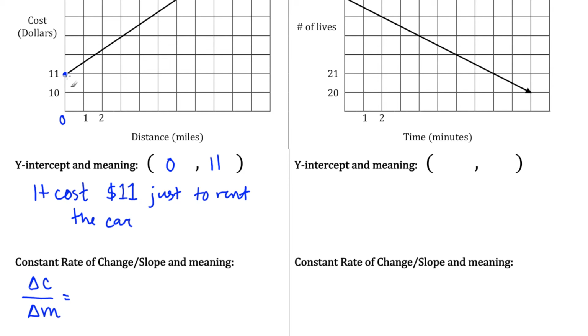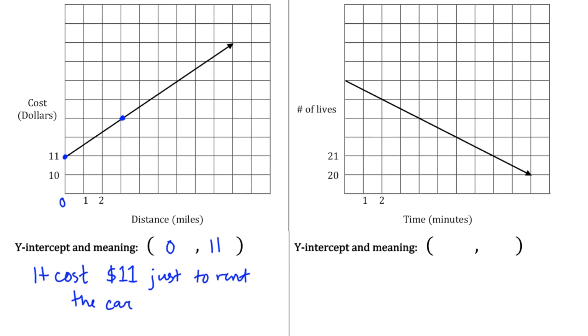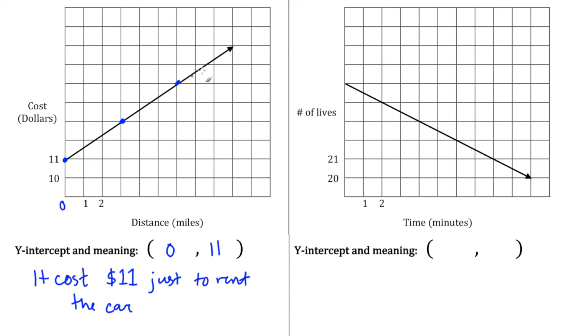Okay, so let's find some nice integer value points. Here and here. So I'm going up, the cost increases by $2. That's up 2 and right 3.